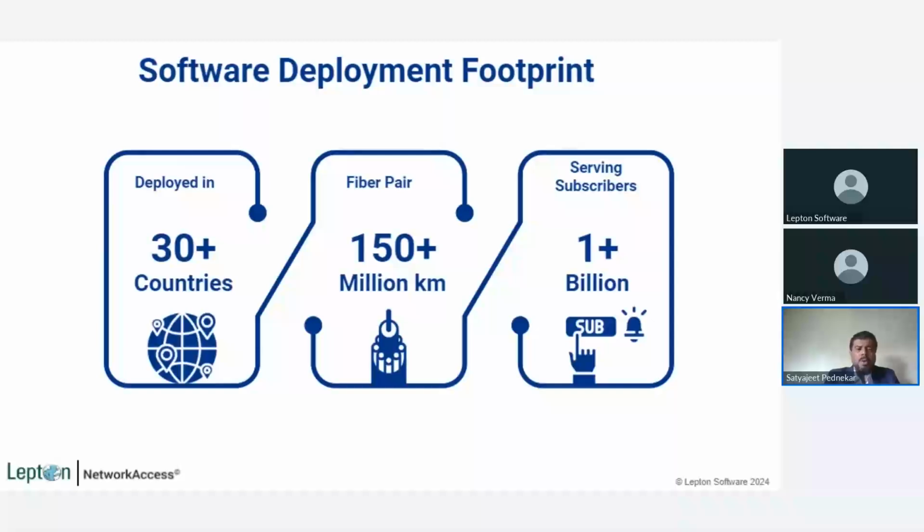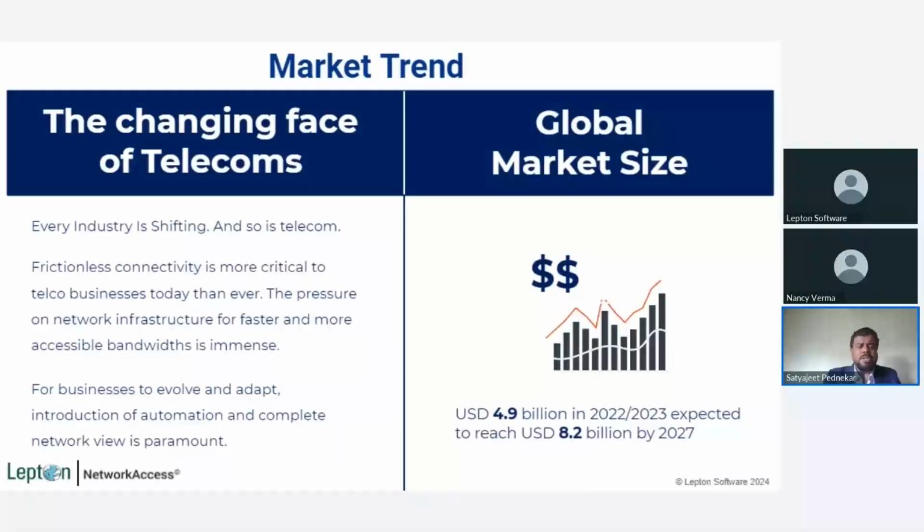I'll go to the market trend. So what is the market trend of the current telecom field? The industry is shifting, and frictionless connectivity is more important for any critical telco business today than ever. The pressure on network infrastructure to deploy faster and access high bandwidth information is immense.